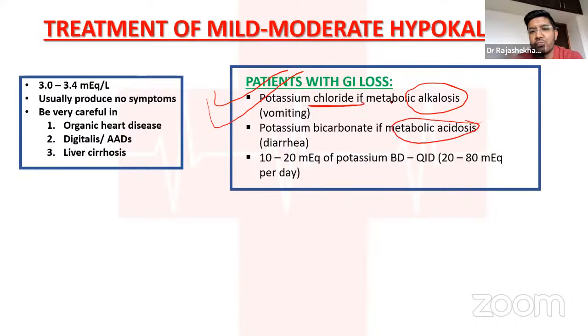If there is metabolic acidosis, you can prefer potassium bicarbonate. And the dose here is 20 to 80 milliequivalents per day given in divided doses, like either BD or QID. Sometimes you can give it 4 to 5 hourly with 10 to 20 milliequivalents.